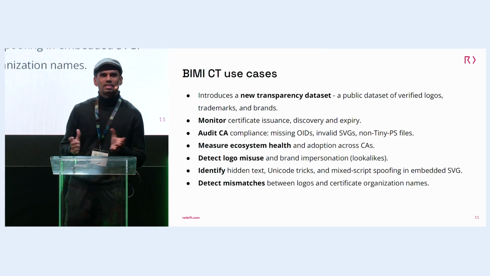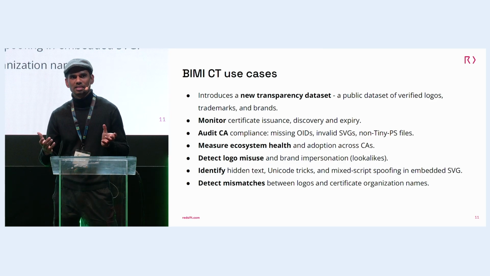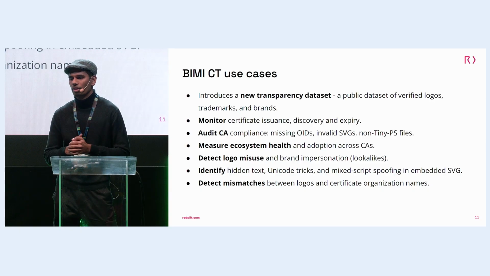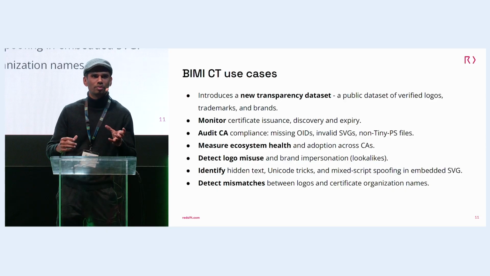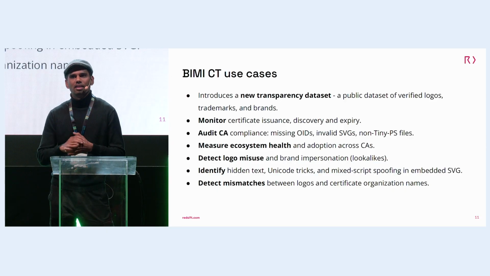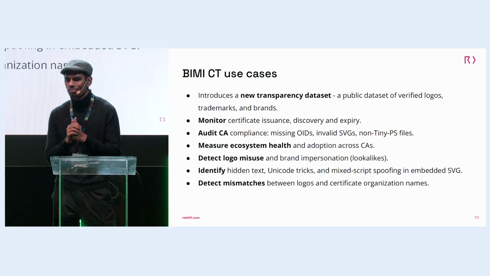Then some use cases of this CT data. It exposes a new transparency data set, a public data set of verified logos, trademark information, and brands. Then standard monitoring and auditing CA compliance use cases.